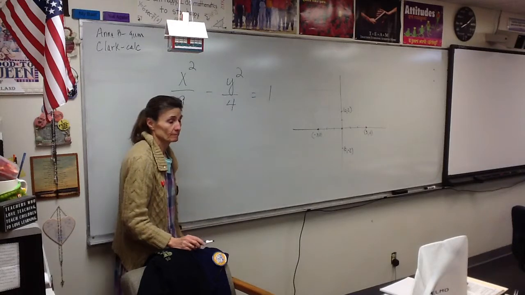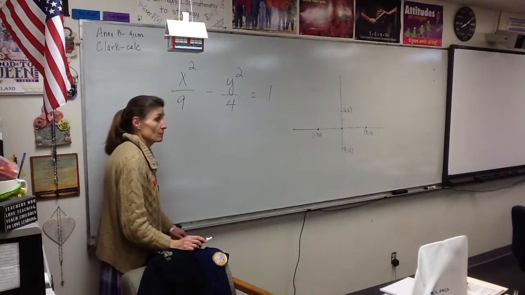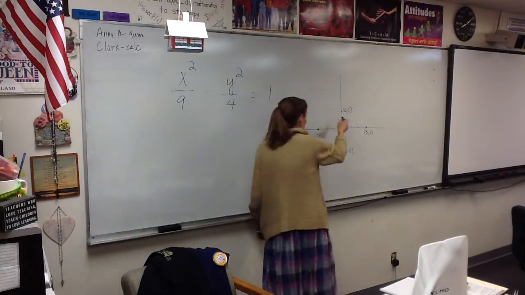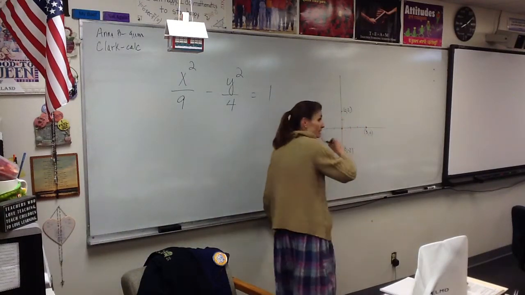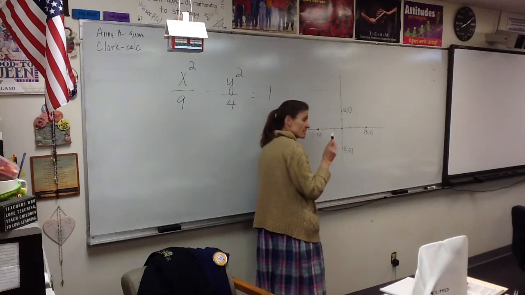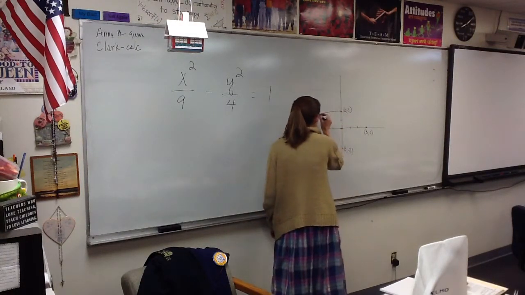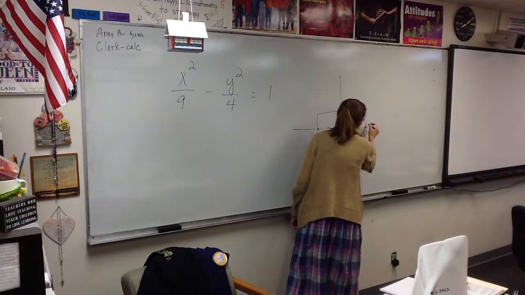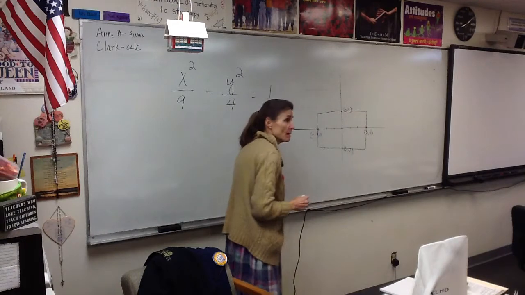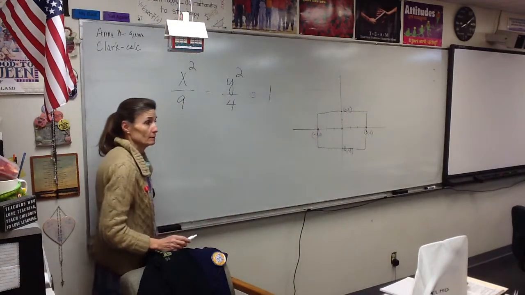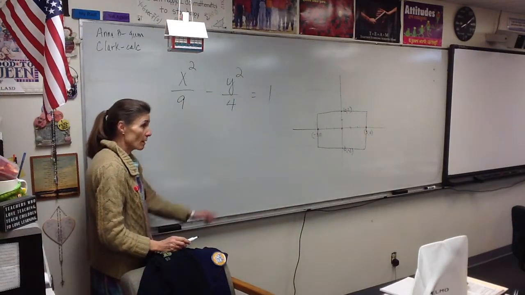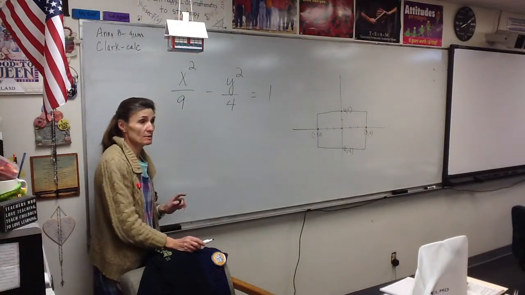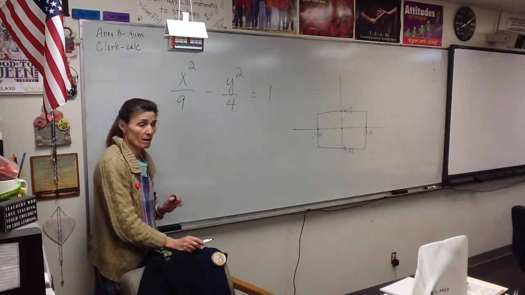Now, on the quiz, when you got those 4 points plotted, you connected them with a nice little ellipse, right? This time, I want you to connect them with a box. Now, you probably remember this from last year. So I plotted the same points in the same way that I would have with an ellipse, but I'm connecting them with a box.